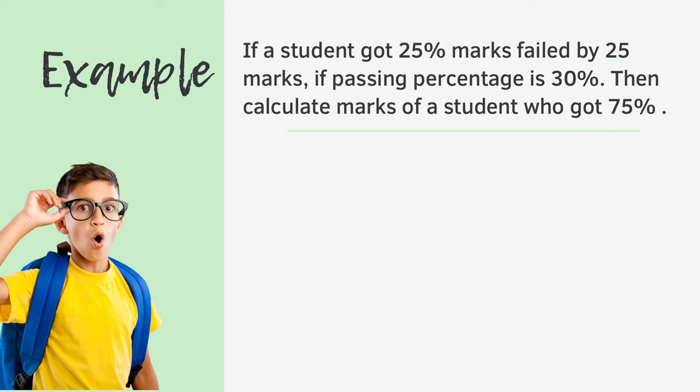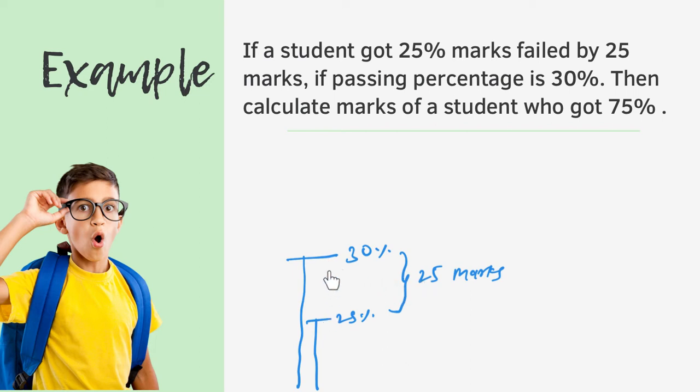Without the formula, how will you do this question? Let's see. This student got 25% marks, and the passing percentage is 30%, and he failed by 25 marks. So this gap is 25 marks, because if he had got this much more, he would have passed.